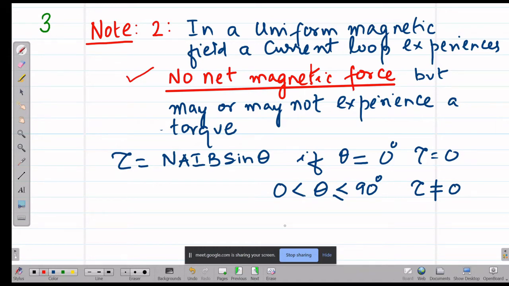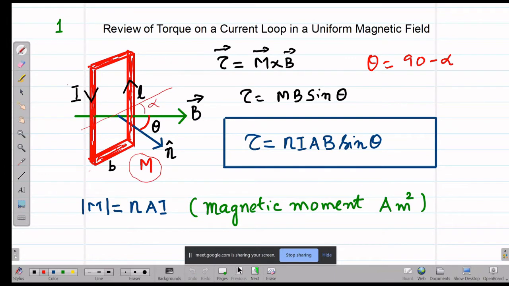If that angle is 0, so if you go back to the first slide, if this angle theta is 0, that means the magnetic field is in the plane of the coil itself, isn't it? If the magnetic field is in the plane of the coil itself, then what will happen? If the magnetic field is perpendicular to the plane of the coil, theta will become 0. If theta is equal to 0, tau will be 0.